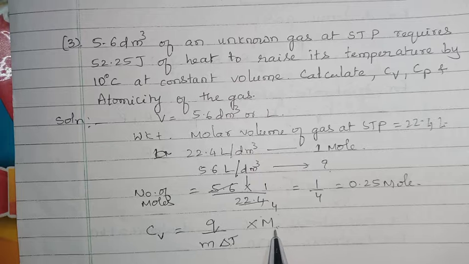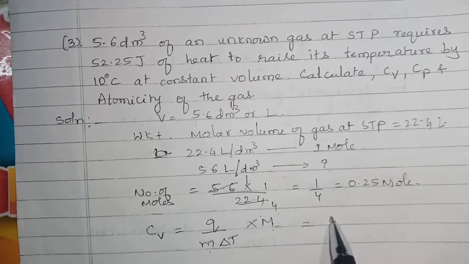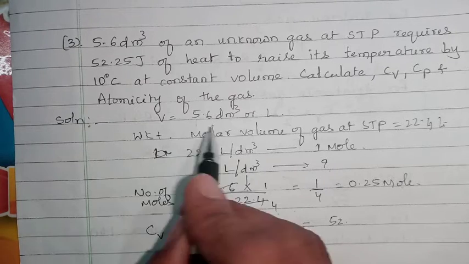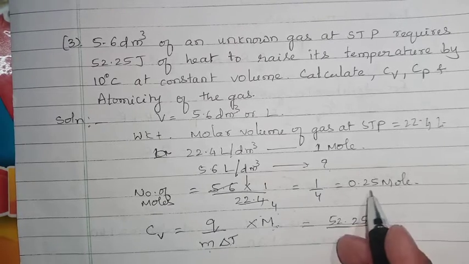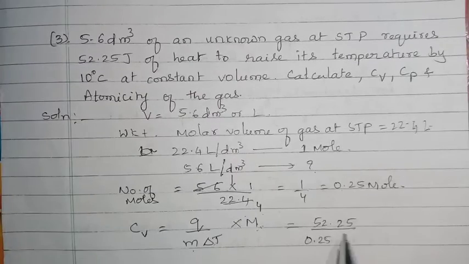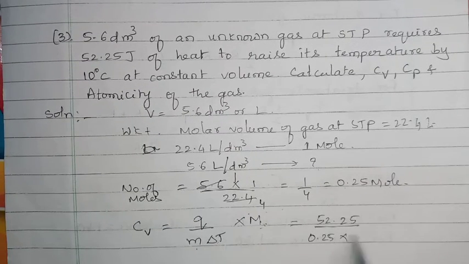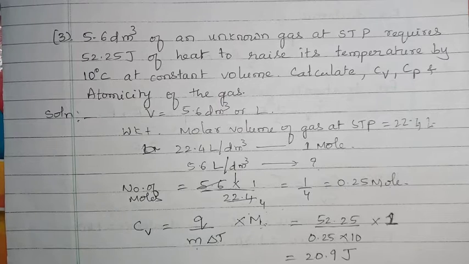So in place of molar mass we are taking 1 mole, and in place of m we are taking the given moles. So Q value is 52.25, m value is the given number of moles, 0.25, rise in temperature is 10 degrees Celsius, and in place of molar mass we are taking 1 mole. On solving we get 20.9 joules. This is the CV value.